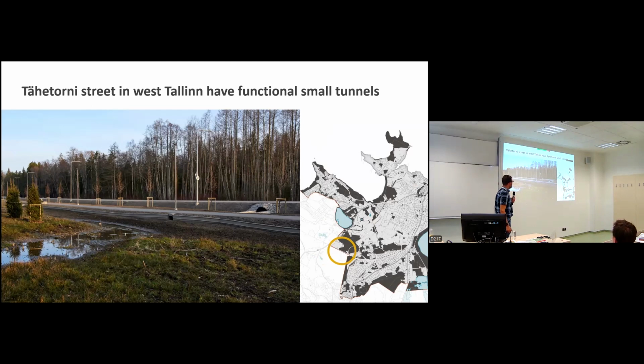We have monitored the tunnels with an active system, and this is a success story, but it is actually a very simple case because the street does not have very dense traffic, and it is also situated on the city border, basically outside of the city.